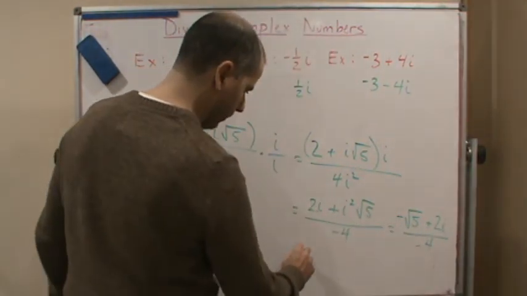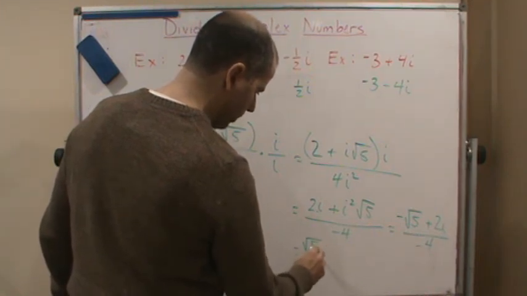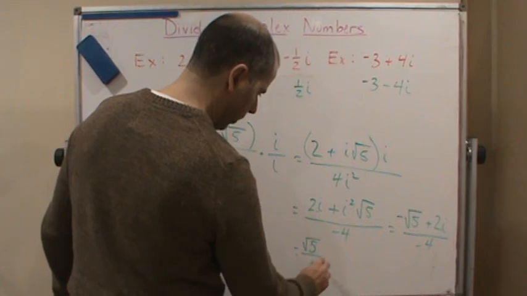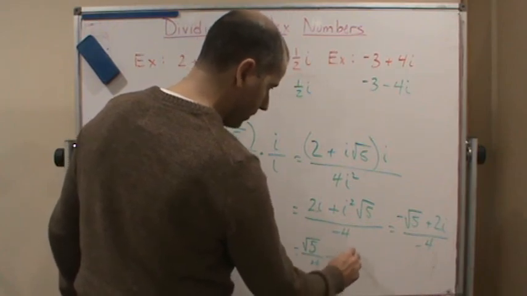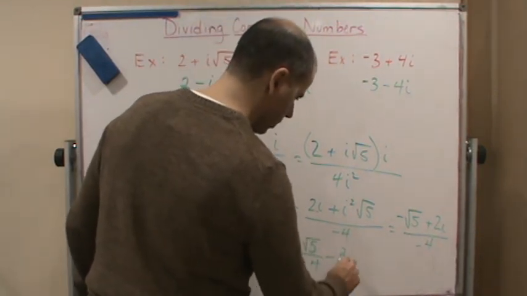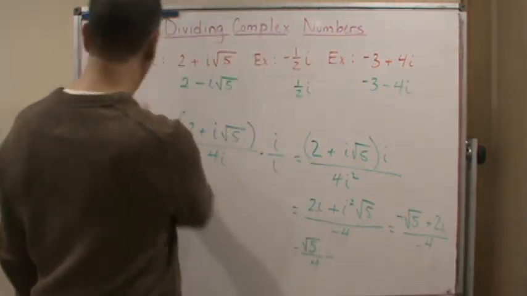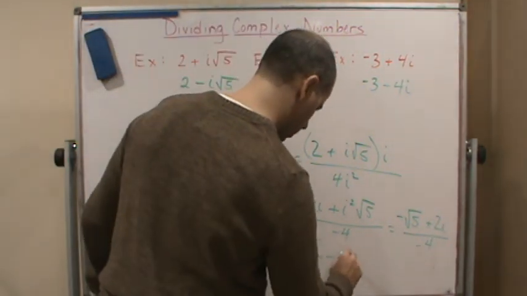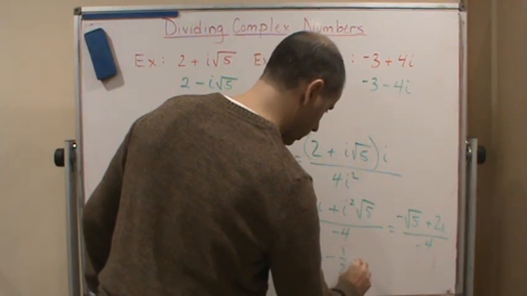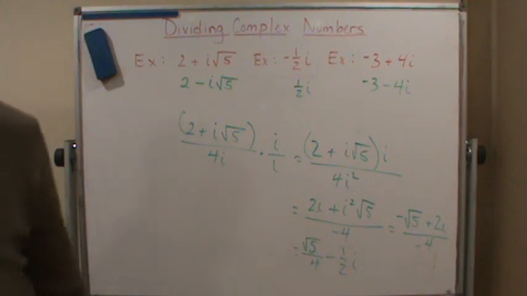So my final answer is going to be the square root of 5 over 4 minus 2 over 4, so that'd be minus 1/2 i. So in this case I didn't need the conjugate. Okay, that's it. Have a great day.